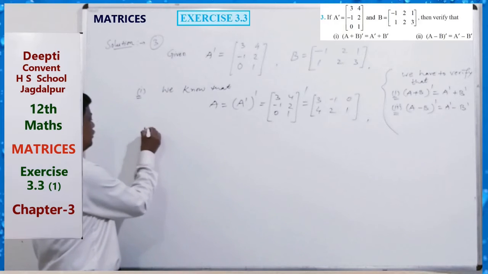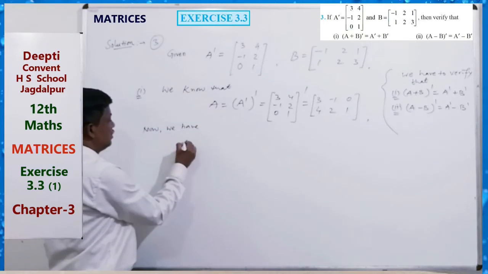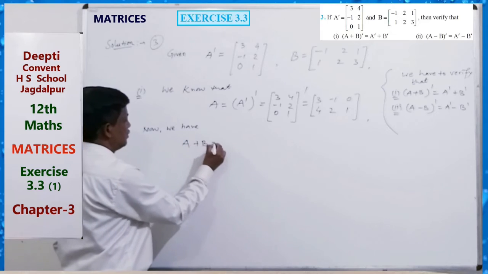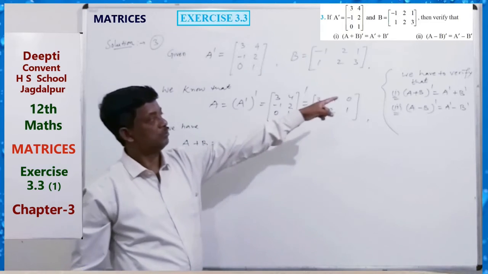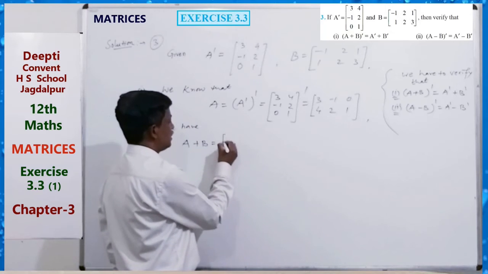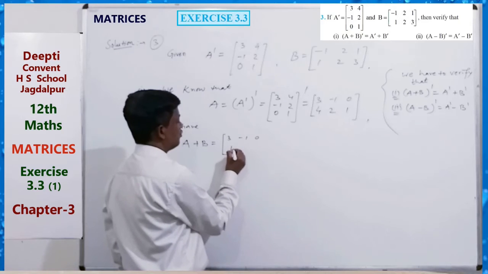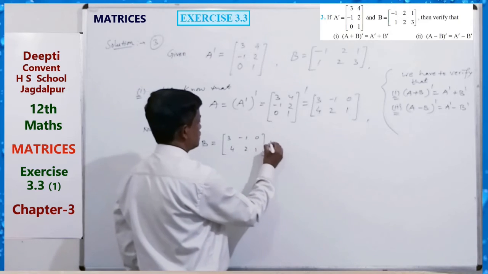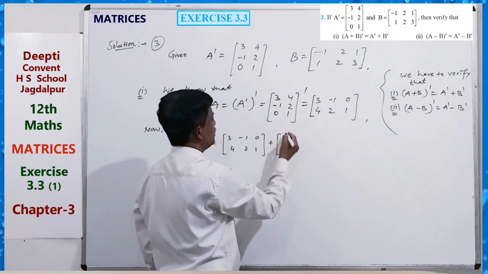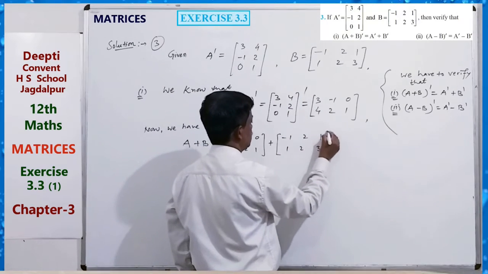Now we have A plus B. For proving the first, just write A as 3 minus 1 0 4 2 1, plus B as minus 1 2 1 1 2 3.